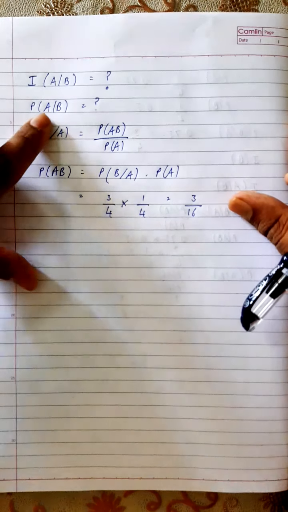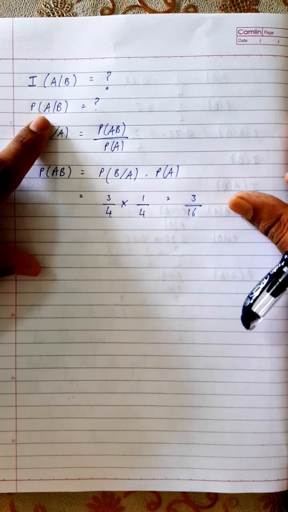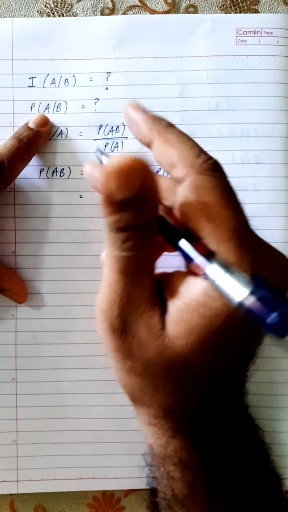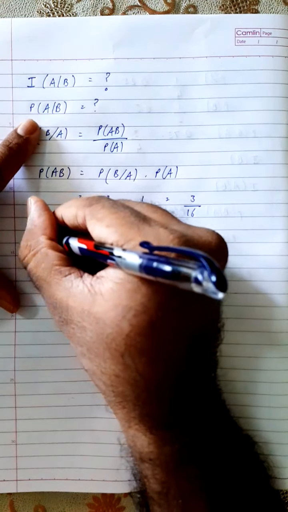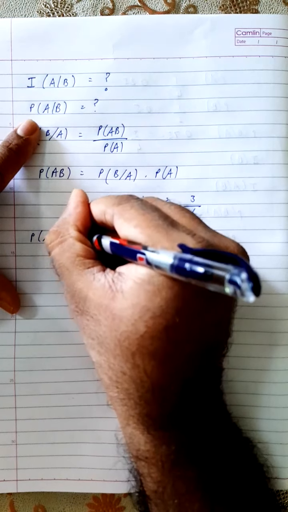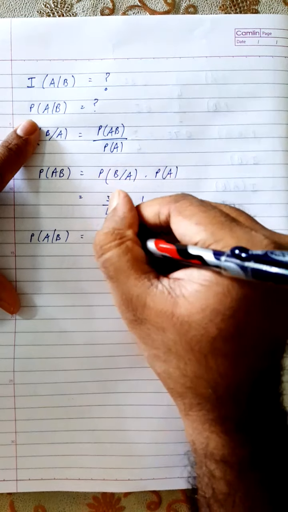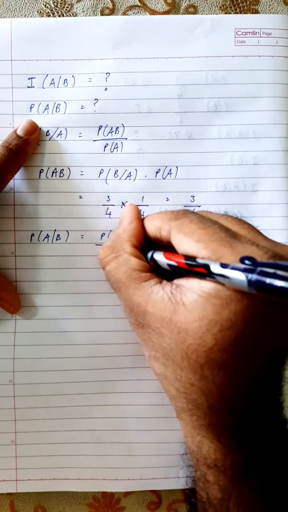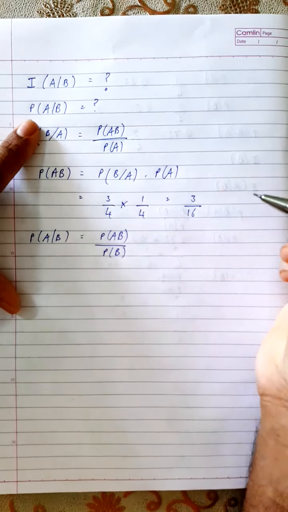But what are we supposed to find? We are supposed to find the probability that she is blonde, with the condition that she has blue eyes. P of A by B can be written as P of AB by P of B, the basic conditional probability equation.